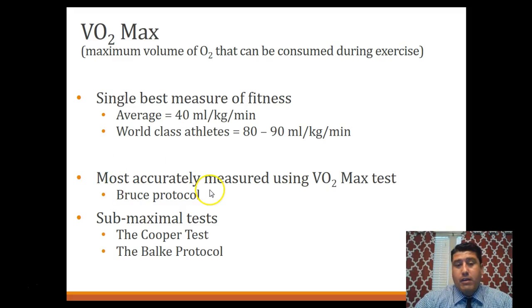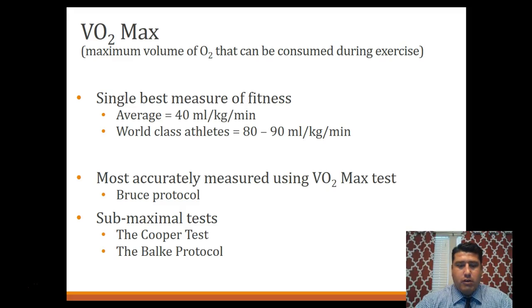The reason is that it requires a maximum test known as the Bruce protocol in order to determine someone's true or accurate VO2 max. The Bruce protocol is similar to a stress test in a medical setting, but it's a little more strenuous than that.